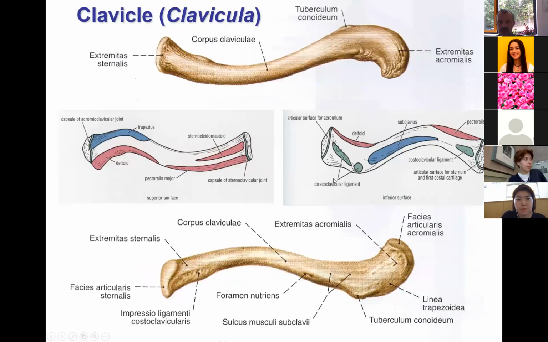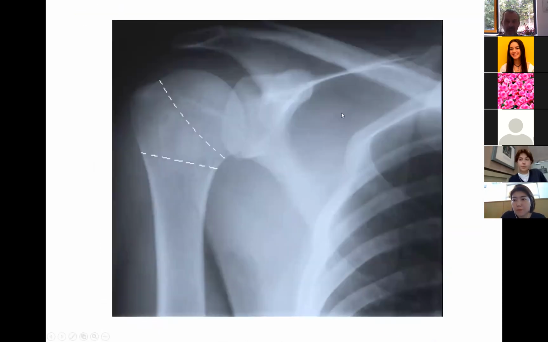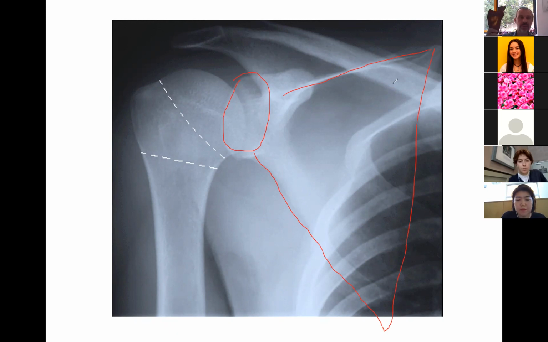So let's move further. Here you can see the X-ray, and on the X-ray is nicely visible the glenoid cavity, the superior margin, the lateral margin, and the medial margin. So you can see that on a normal X-ray, the shoulder blade is not located like this, a nice triangle, but it's a bit rotated.